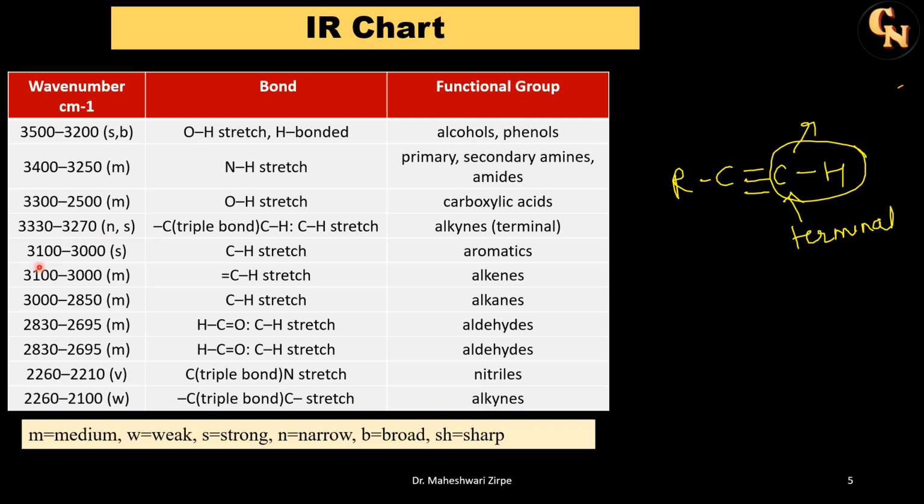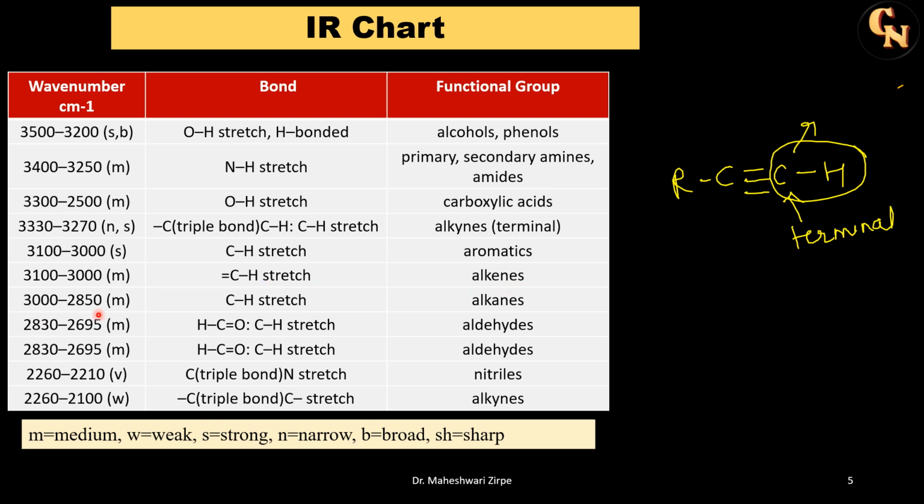Similarly, 3100 till 3000, a strong band if you get, then it indicates CH stretching for aromatic rings. For aromatic rings you will always find the stretching at 3100 till 3000. Similarly, there is 3100 to 3000 but medium, which indicates double bond CH stretching of alkenes.